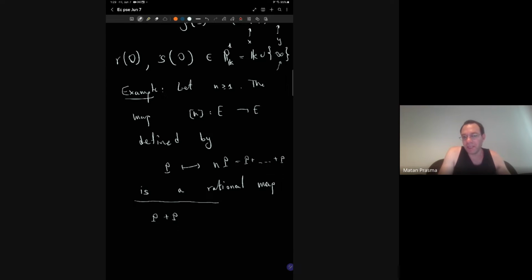But obviously, all these formulas are just rational functions. Mostly they are polynomials, but when we do P plus P, we need to take the tangent line to P. And the tangent line has a numerator, right? So I actually get a rational function and not just a polynomial in each coordinate.